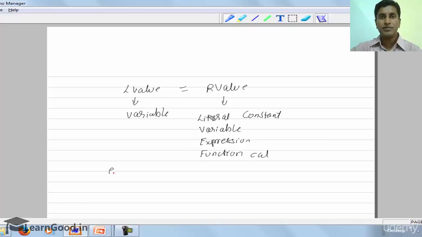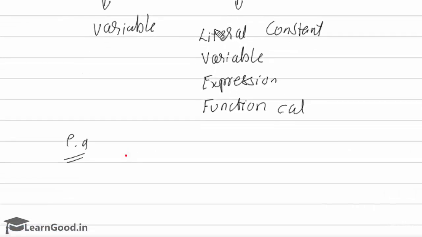For example, if I take x on the left-hand side and 25 on the right side, 25 is nothing but a literal constant. The R value will be assigned to the L value side, so L value should always be a variable.